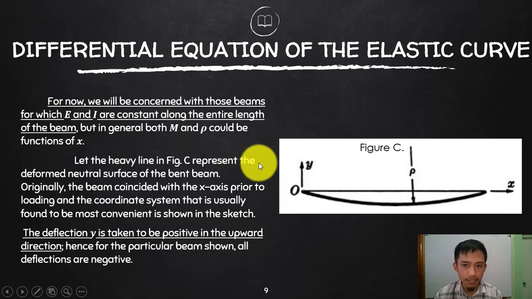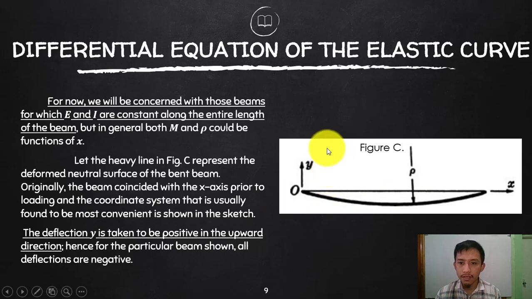So that is a single type of material. And if I, the moment of inertia, is constant, that means this beam has a constant cross section all throughout its length.